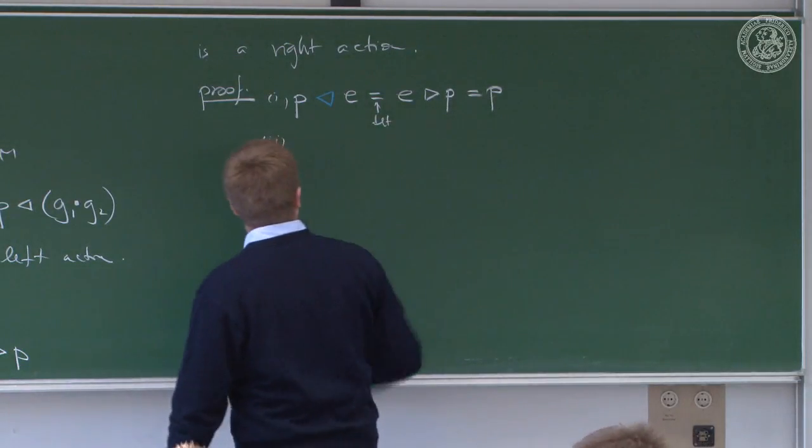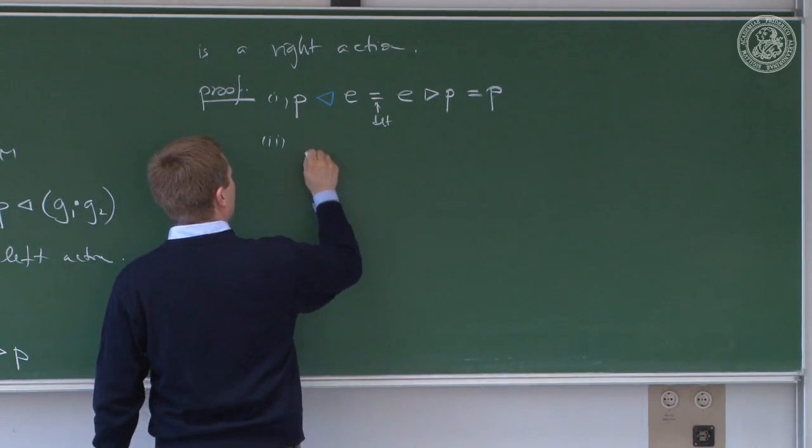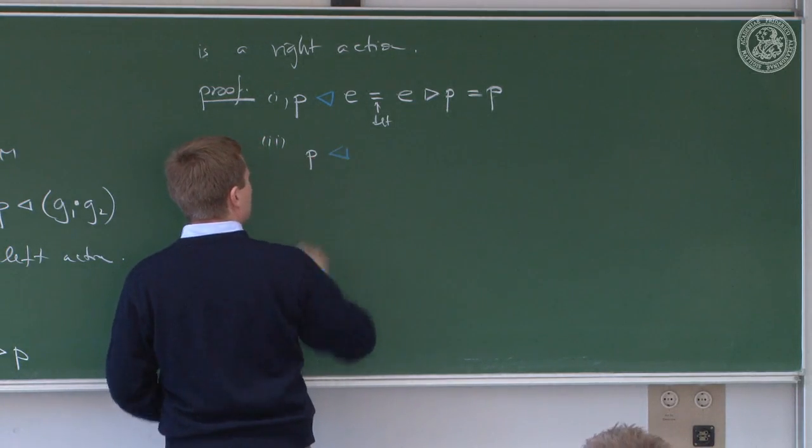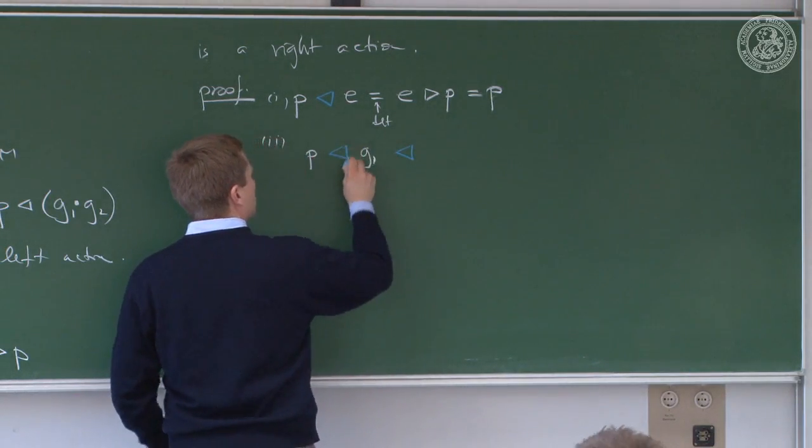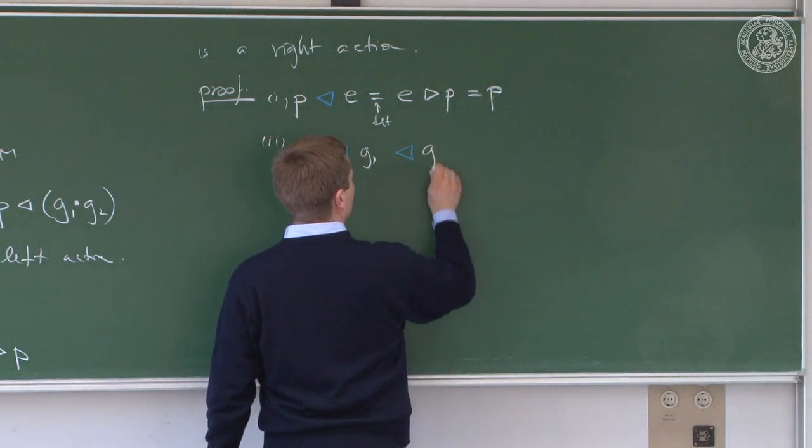Okay, so but then we have this, and now we check, we act on P from the right with a G1, and then we act again from the right with a G2.